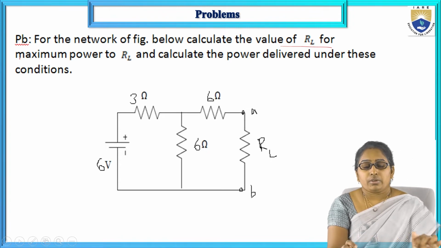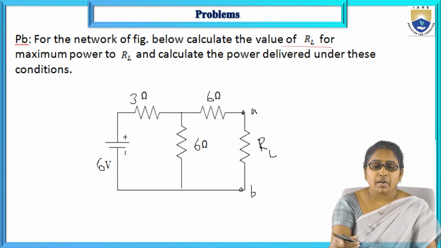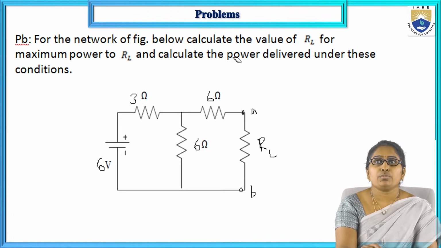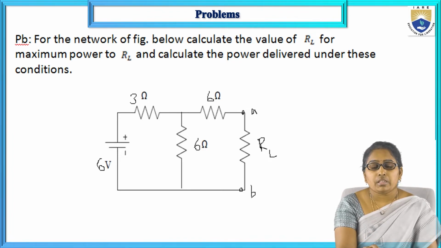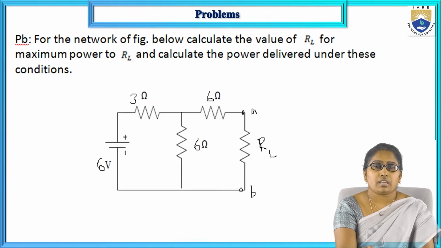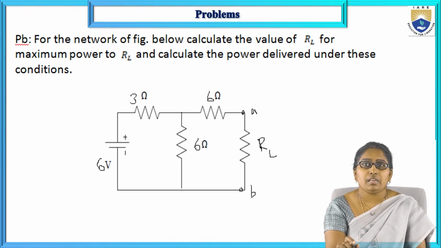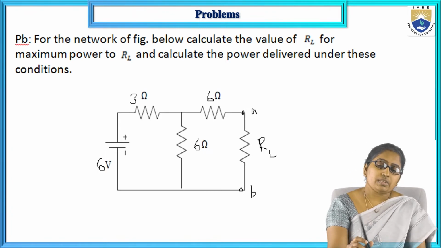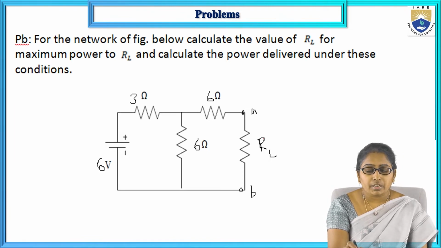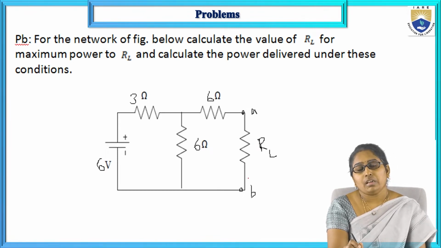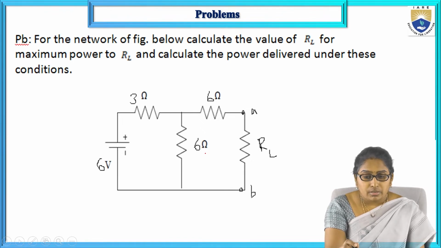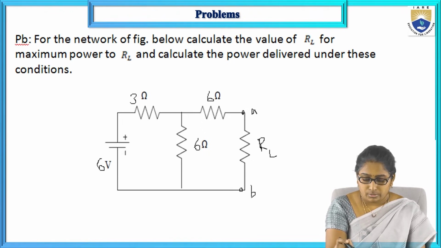So first we do this first part, then we go for the next part. They also ask for the power delivered under these conditions, that means the maximum power transferred or delivered. This is the given circuit. Here, this is the RL value, given across the terminals A and B. So first, doing the first part.